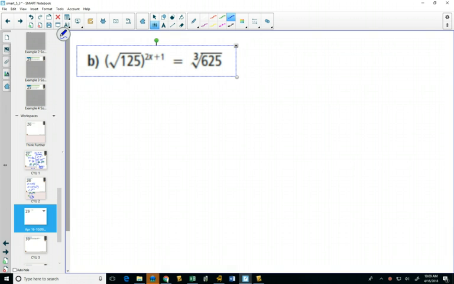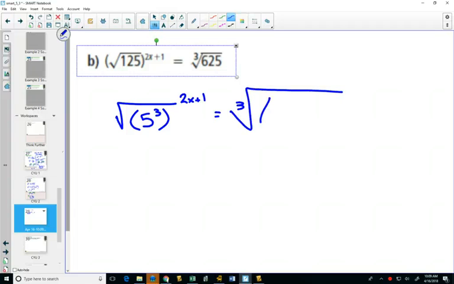So first of all, on this side, I'm going to change just the numbers. And now I'm going to deal, oh, there was another set of brackets here, sorry, originally.